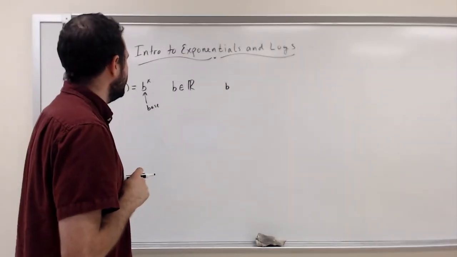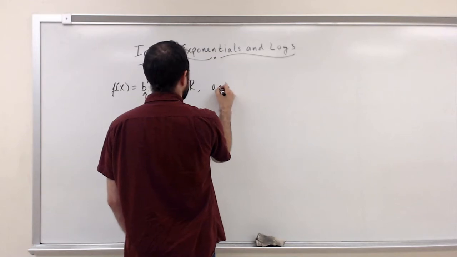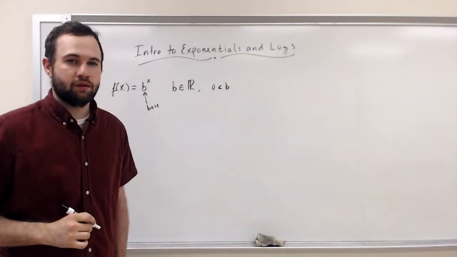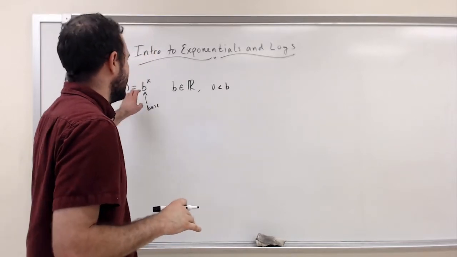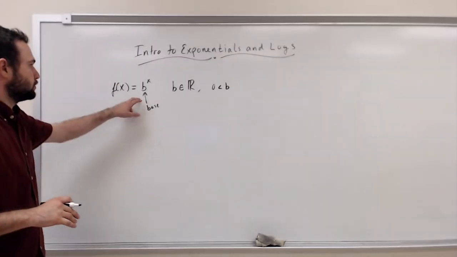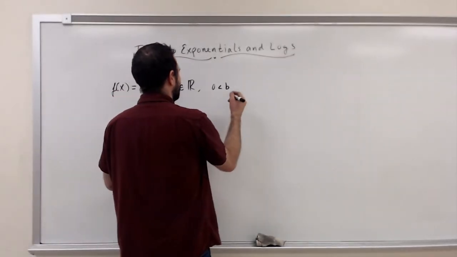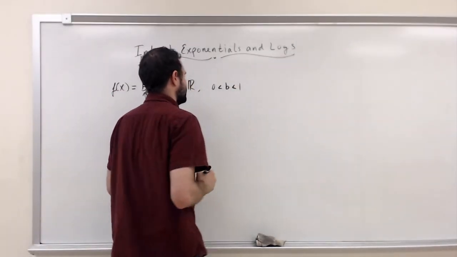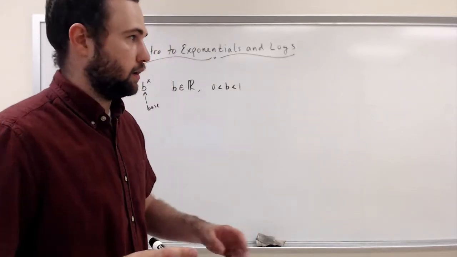We want B to be greater than 0 because weird stuff happens at 0. So let's restrict our domain for a second. Well, not our domain, but what this B value can be here. Let B be greater than 0, but less than 1, because again, weird stuff happened at 1. And weird stuff happens in the negatives also, so we're going to ignore that.